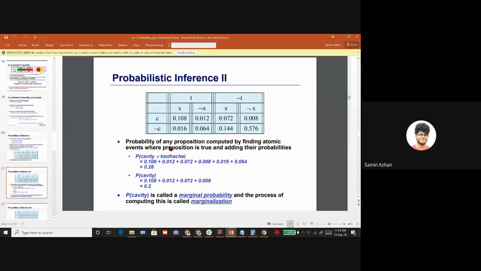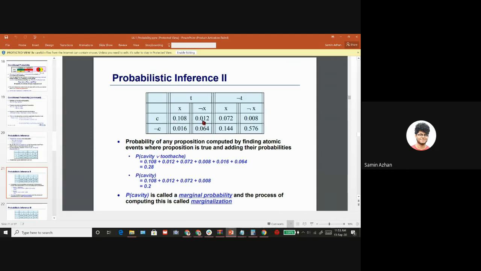In this case, if we want to figure out the probability of cavity or toothache, what we have to do is look at all the values where cavity is true and all the values where toothache is true. So for cavity, it should be this entire row here: 0.108, 0.012, 0.072, 0.008. You have to add all that up. And for toothache, it should be these four cells.